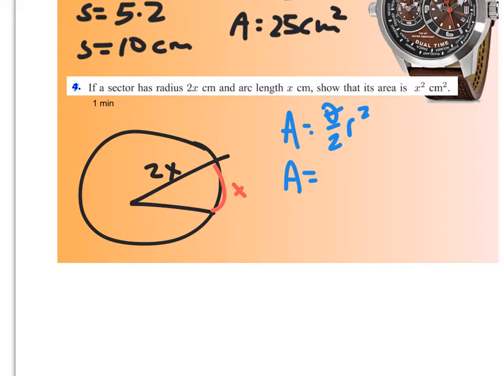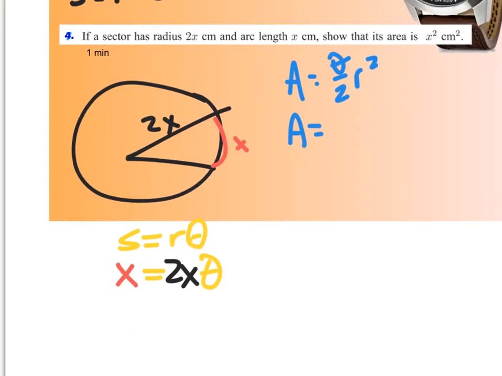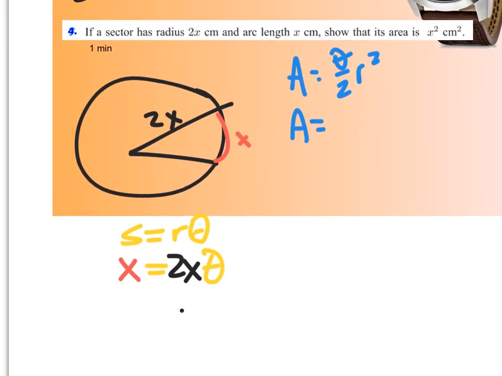That probably means I'm going to have to use arc length here. I know the arc length is x. I know the radius is 2x. I want to find theta. So it looks to me like theta will equal x over 2x, which is 1/2.